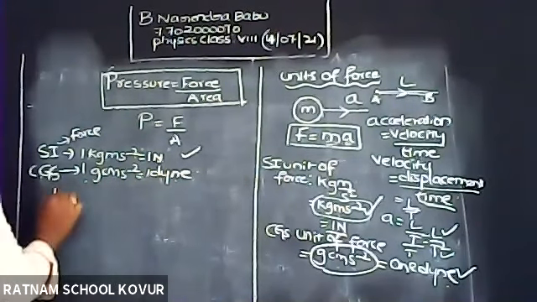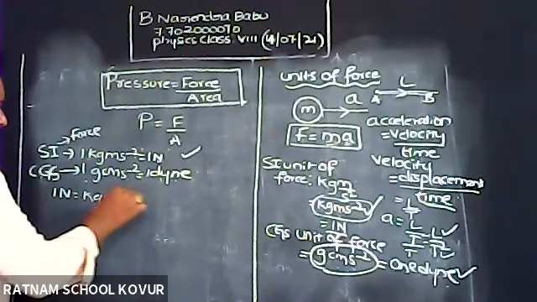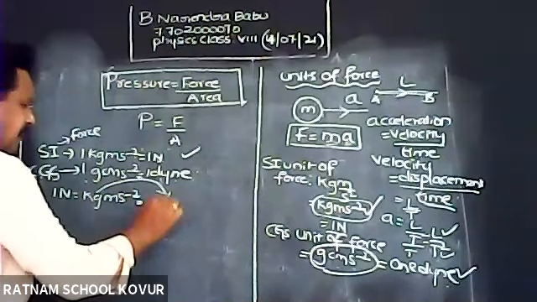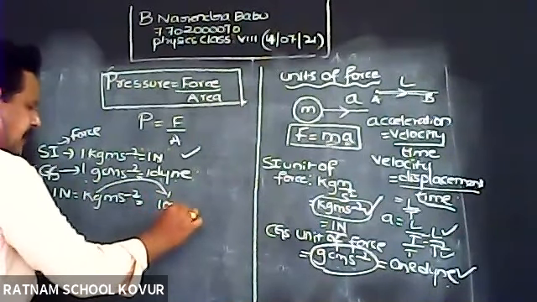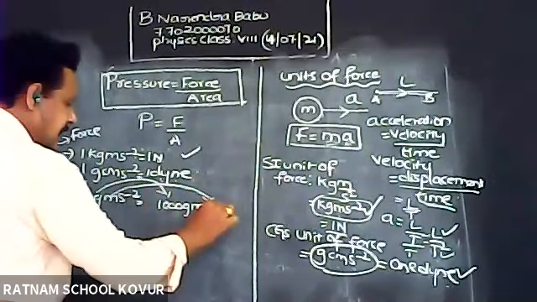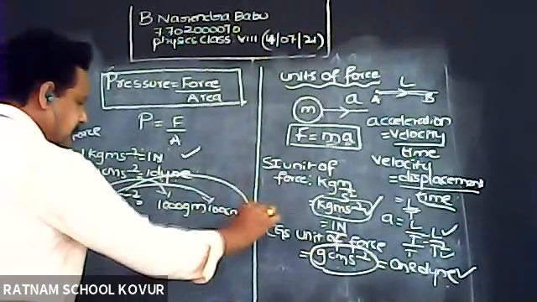Now 1 Newton is equal to kg meter s power minus 2, I will convert into CGS unit. 1 kg is equal to how many grams? 1000 grams. 1 meter is equal to how many centimeters? 100 centimeters. Second is same, s power minus 2.